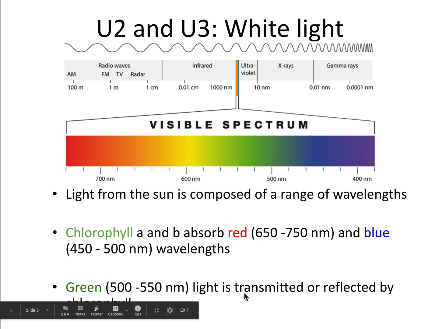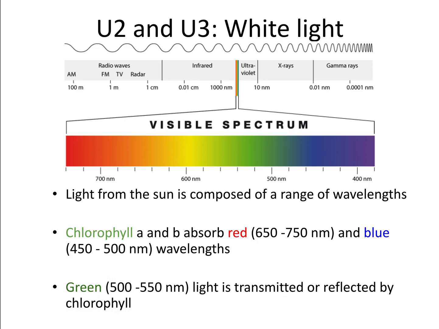Green, which falls into the 500 to 550 nanometer range, so it's kind of a middle range wavelength, is transmitted or reflected by chlorophyll. So that's why we know chlorophyll as being green, because that's what we see, but now we understand that it's not because it is green, it's more that it's absorbing all the other colors of the visible spectrum of light.